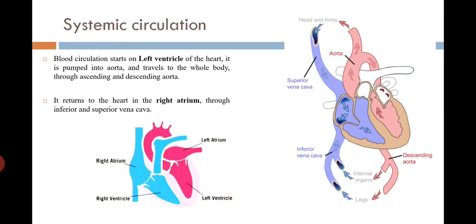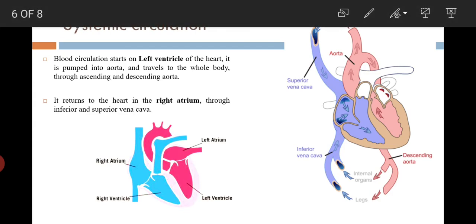Let's see systemic circulation. In the systemic circulation, the blood flows from the heart to the whole body, and this circulation starts in the left ventricle. From here the blood flows to the aorta, which is the largest blood vessel in our body.